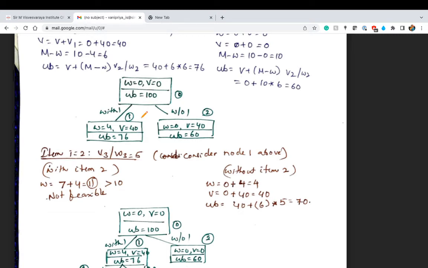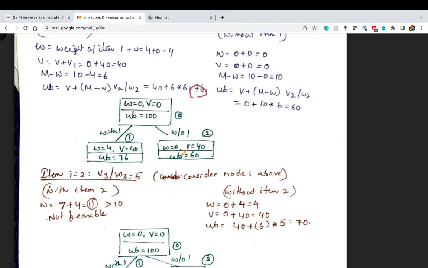The left child means it is with item 1 and the right child means it is without item 1. With 1, W is equal to 4 and V is equal to 40. Whatever values of W and V we get, and the upper bound we are considering, we will write here. And without 1, what are the values of W and V? I'm sorry, here it is 0. I'll make a correction in the notes, please. It is 0, and the upper bound is equal to 60.